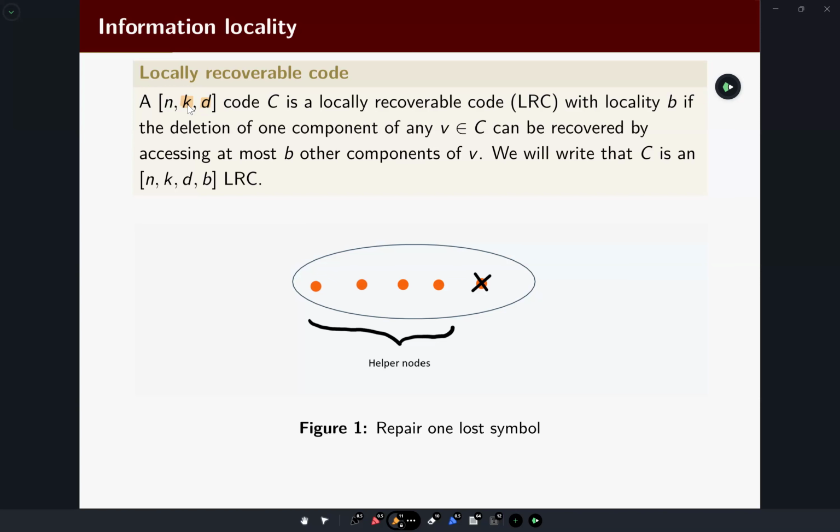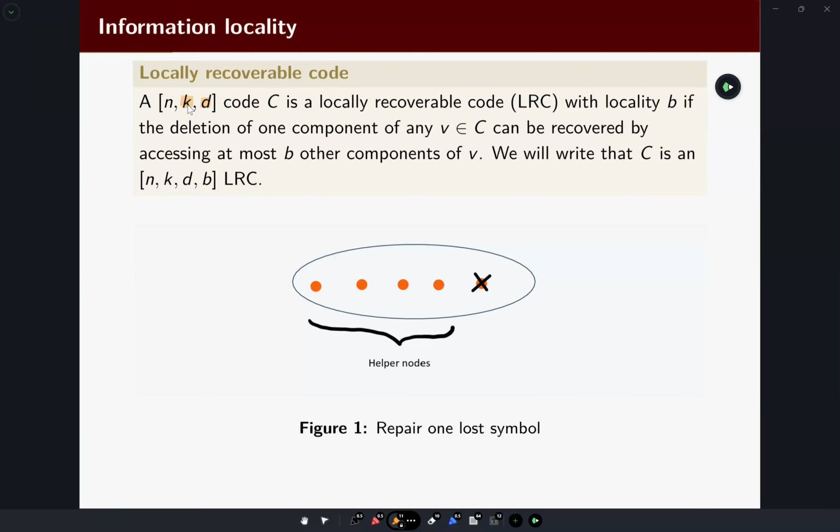Sometimes that might not be the most efficient thing, because sometimes it's very likely that we only have one erasure, and we would like to say, okay, if I only have one erasure, I don't need k elements. Maybe I need k elements when I have d-1 erasures. Okay, that's fine. But if I only have one erasure, is there any way I can recover it accessing fewer symbols, using less energy?